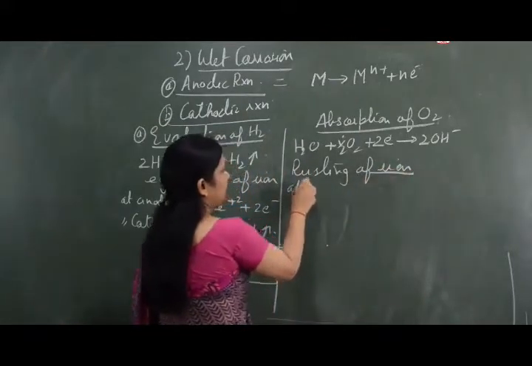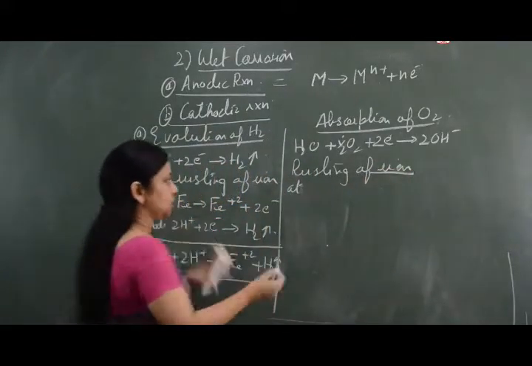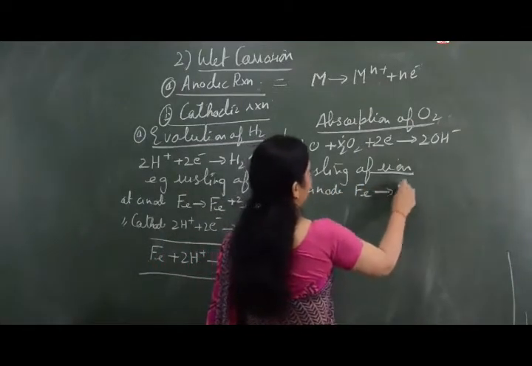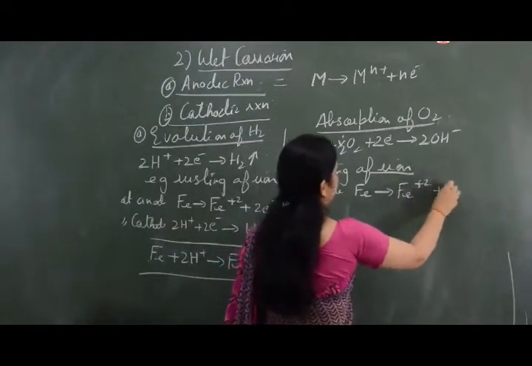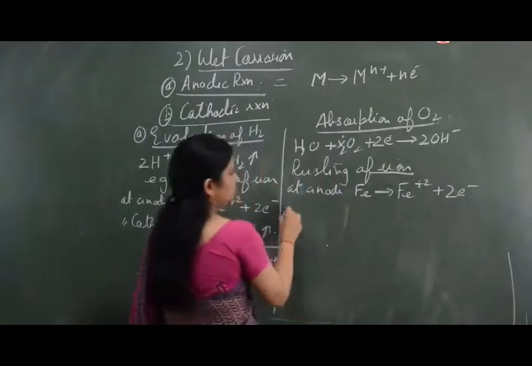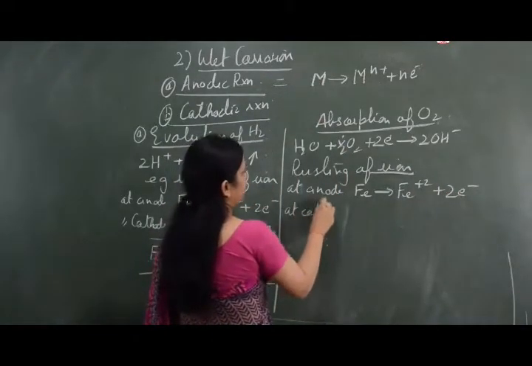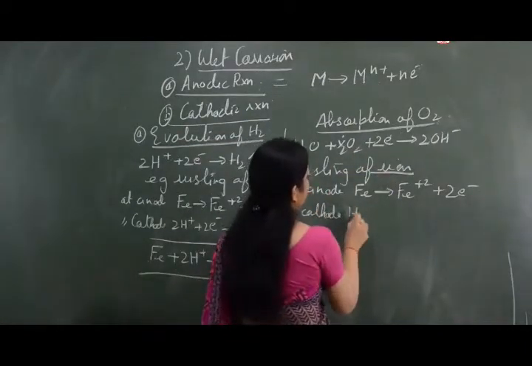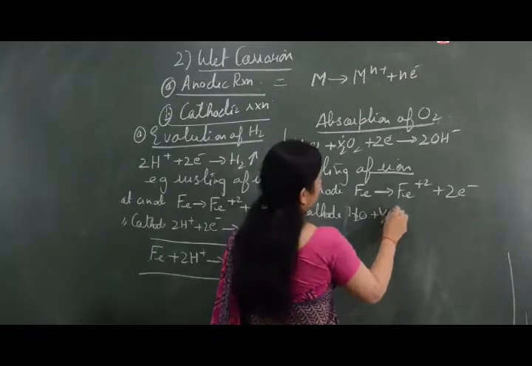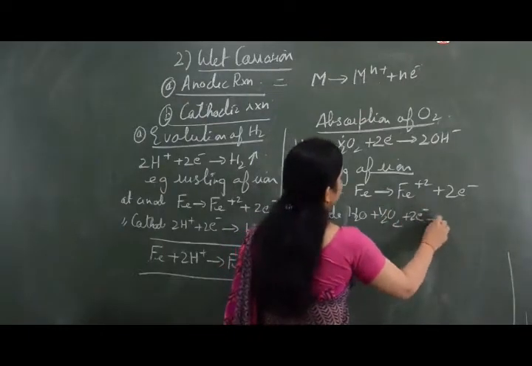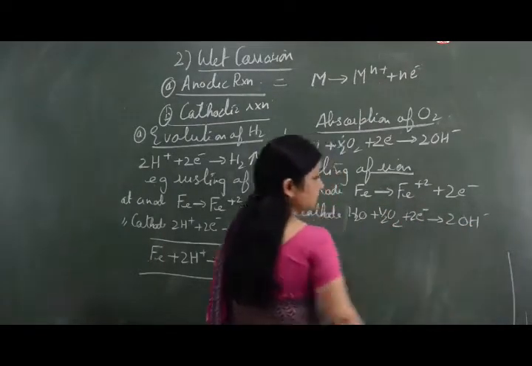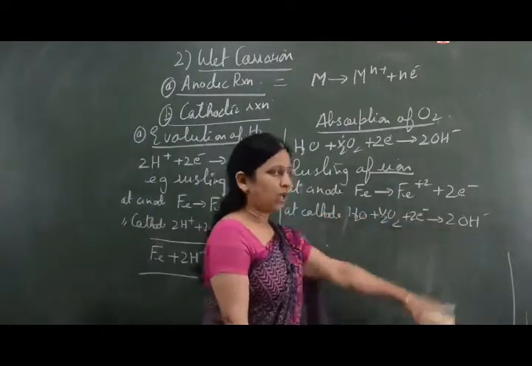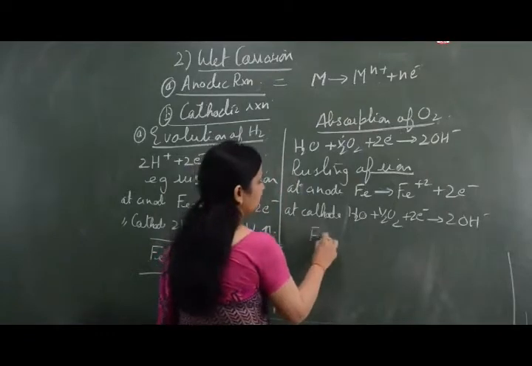The reaction at anode remains the same, which is Fe giving Fe2+ plus 2 electrons. These 2 electrons are taken up by cathode, and this reaction takes place: H2O plus half O2 plus 2 electrons giving 2 OH minus. Now in the third step, this Fe2+ ion moves to cathode and reacts with OH ions.